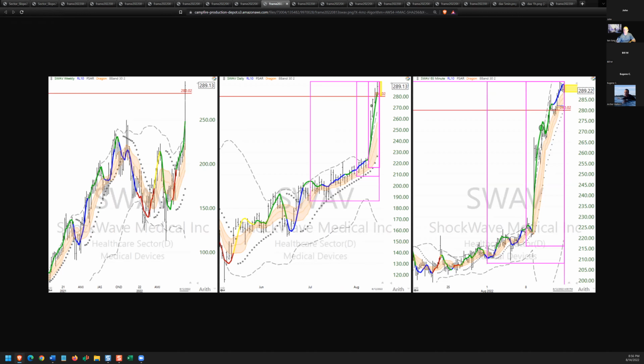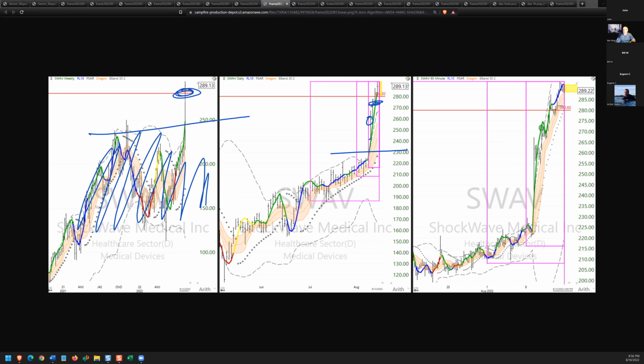Shockwave Medical. Of course, we would have loved to have had that one a little earlier, but still, this thing is free and clear up here at 280. It's left all of this behind, and there's no resistance overhead, and he's got a nice position in at 270, and it's at 290.